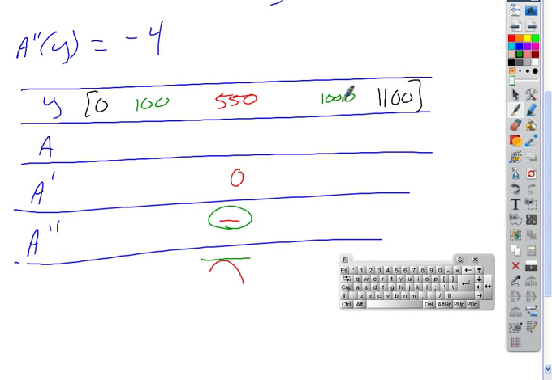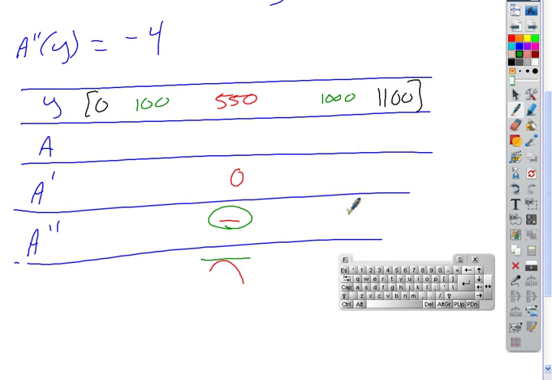But that's more work. We'd have to evaluate 2 signs instead of just 1. If the second derivative is convenient to calculate, then it's always easier to use the second derivative test than the first derivative test. Everybody understand the difference between the two?